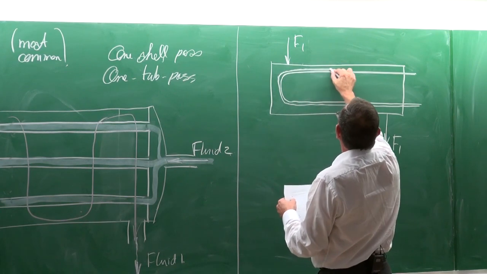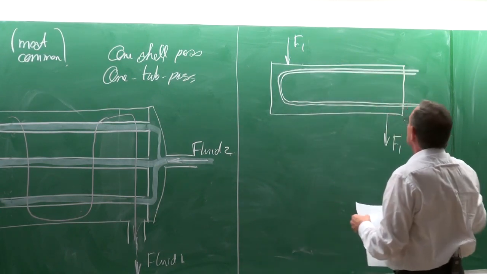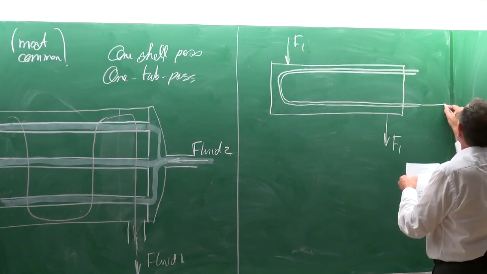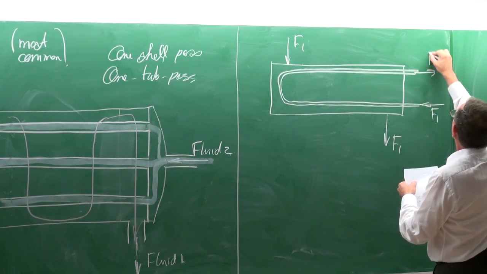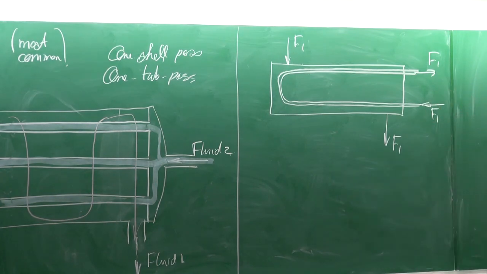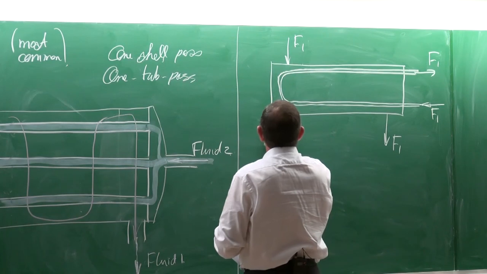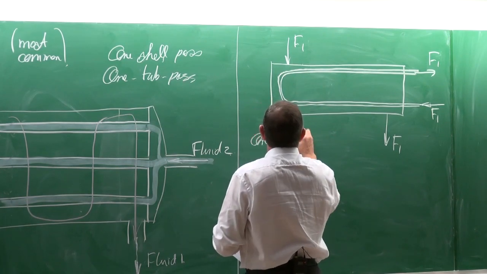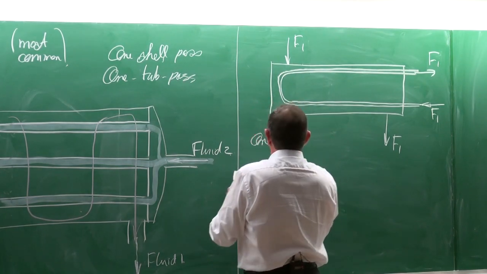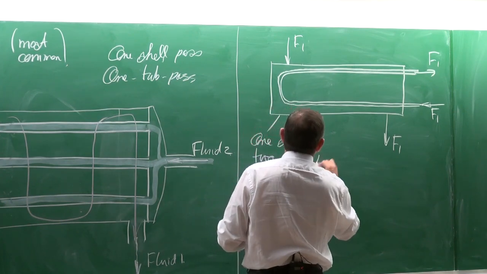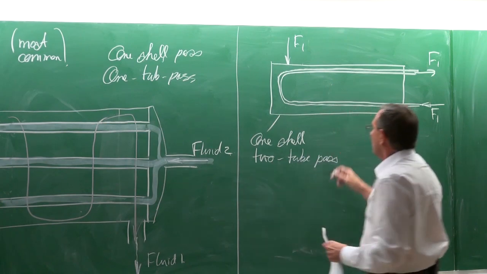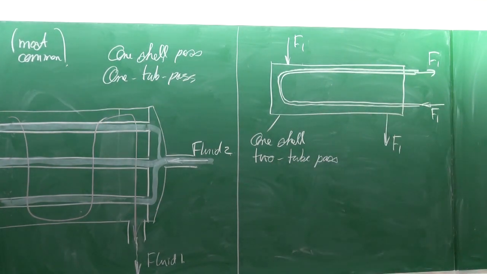All the fluid wouldn't go out into the baffle. It would typically, fluid 1 will go in there, and fluid 1 would exit there. And what we have here is one shell, but a two tube pass heat exchanger. A one shell pass and a two tube pass heat exchanger.